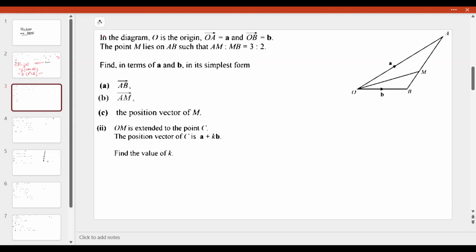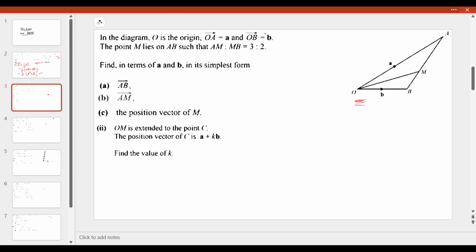And the question says, in the diagram, O is the origin. Yes, this O is the origin. The position vector OA is equal to small a, and the position vector OB is equal to small b.